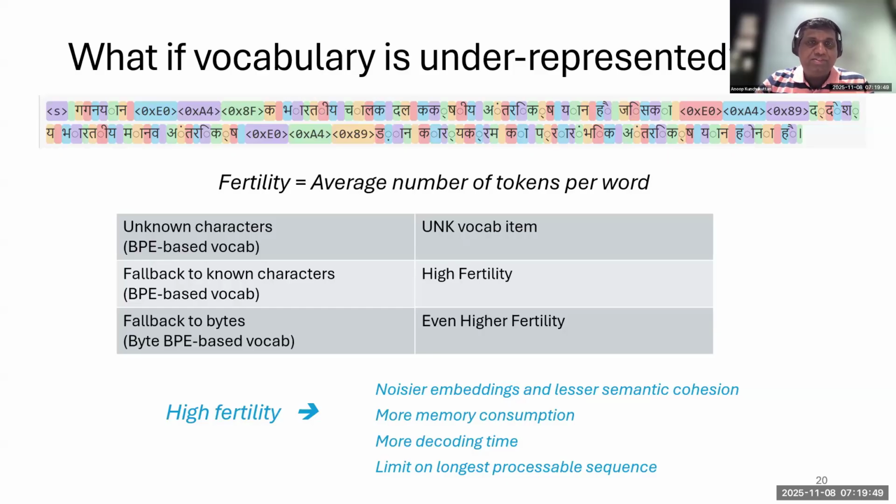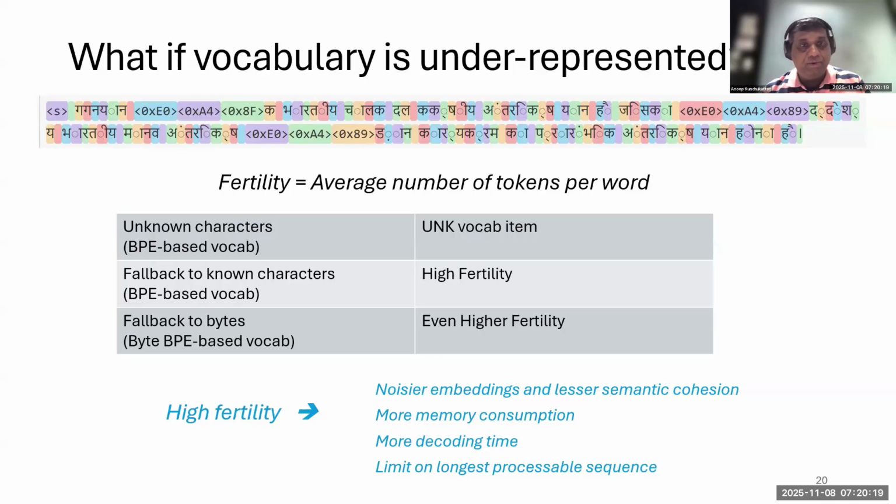What this means is that there are a lot of tokens for the sentence. This is typically captured by a metric called fertility. Fertility means the average number of tokens per word. If the fertility is very high, it means that there is a lot of fragmentation happening, which is not desirable.